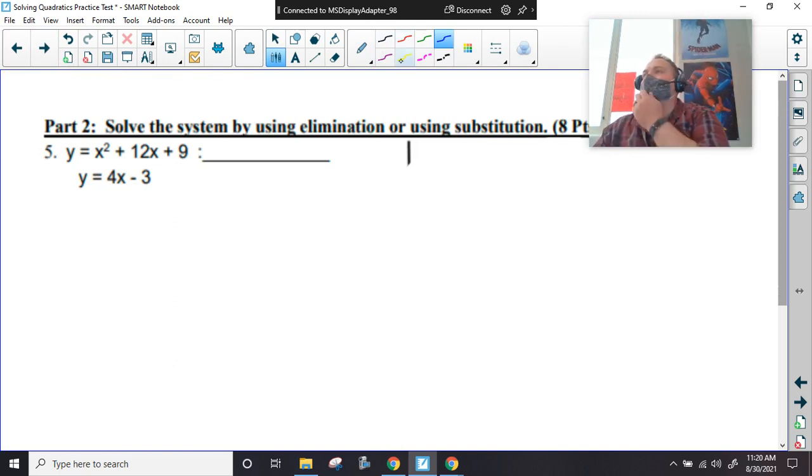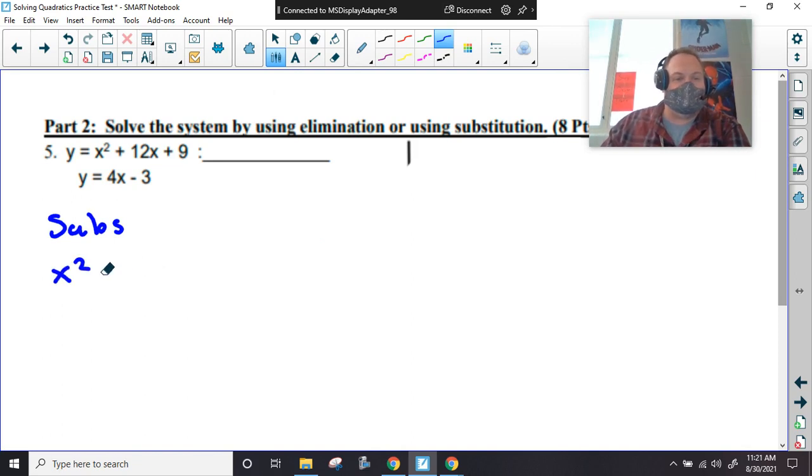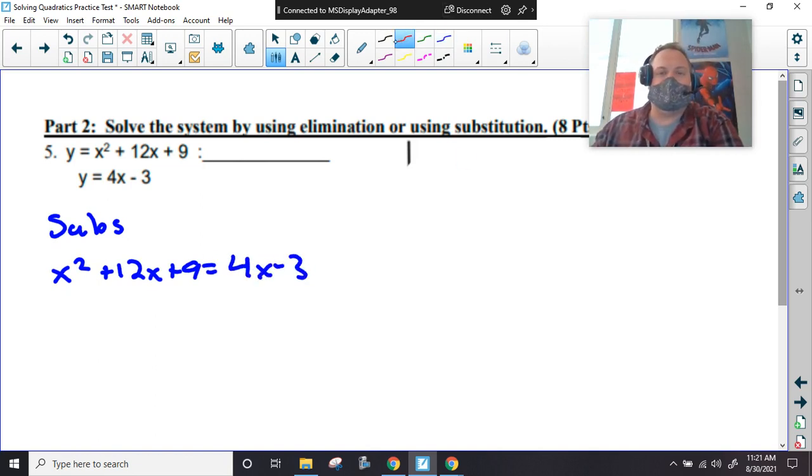So now remember, we had two different ways to do this. We had substitution and we had elimination. Remember, in substitution, now I'm showing both ways, you get to choose one. You would actually set these equal to each other. All right. Yeah, it's this one.